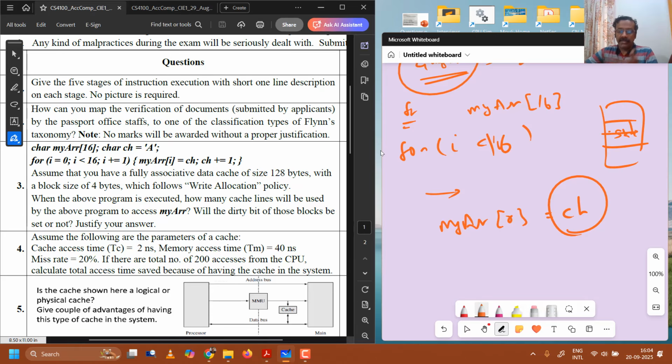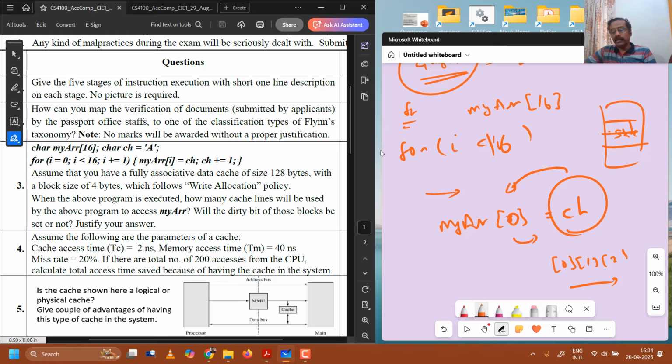Now this array is accessed in a loop, so there is temporal locality of reference, because once one iteration of the for loop is over, the next iteration accesses the next location. There is also spatial locality, because the array elements are contiguous: the 0 element, the 1 element, the 2 element. So both localities of reference are there.